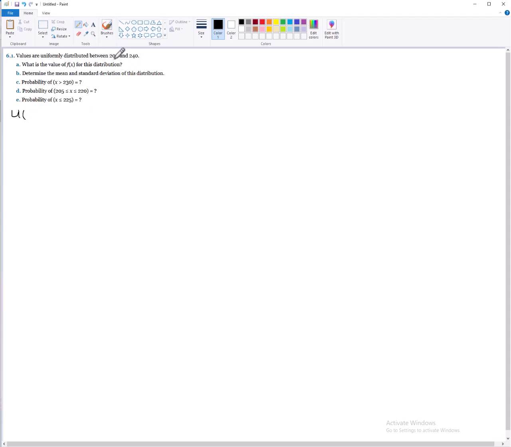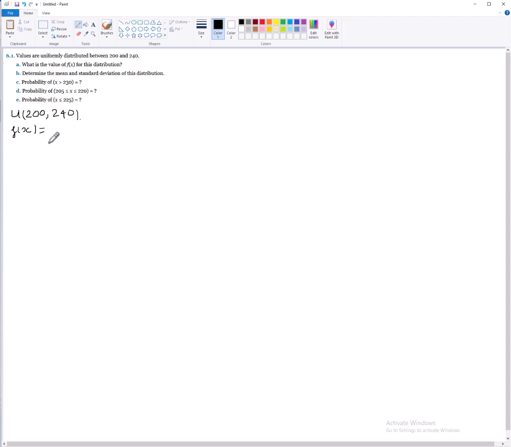So the lower limit, which is A, is 200, and the high limit, which is B, is 240. In the first question, you want to find the distribution function f of x of this distribution, right? So this is also called the density function.